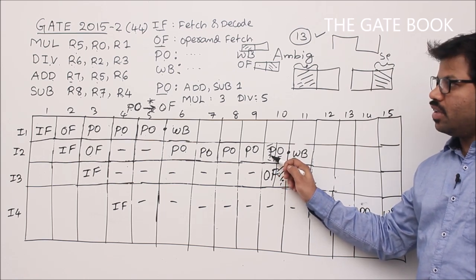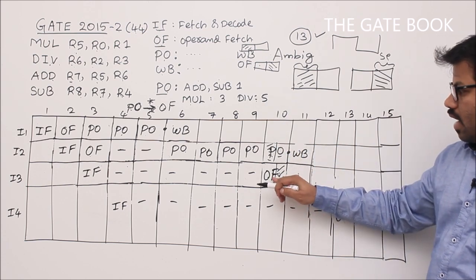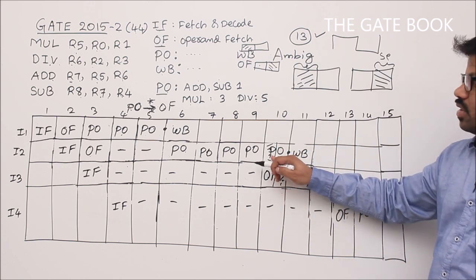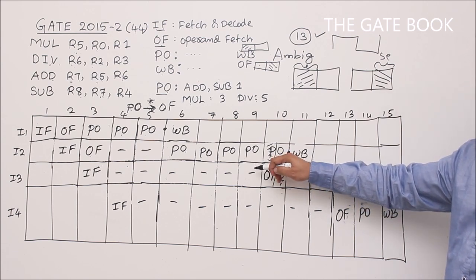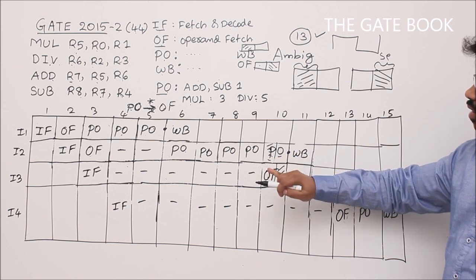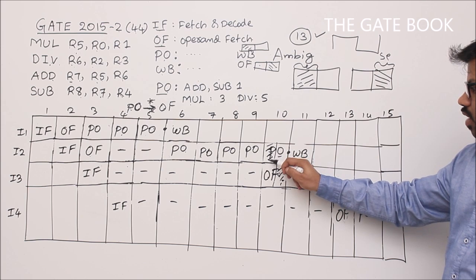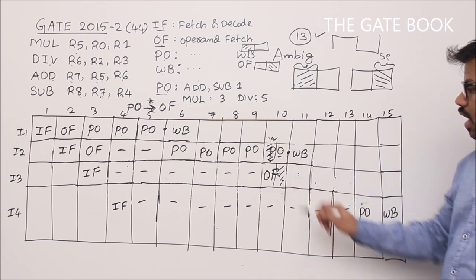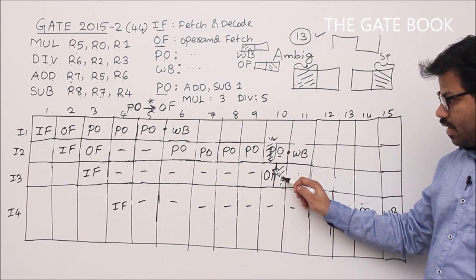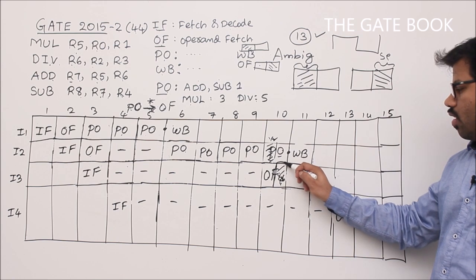In that way, first half data is updated. Which one? This one is the I3 instruction, right? Sorry, I2 instruction. And the I2 instruction is modifying R6, right? So R6 is getting updated in the 10th clock cycle, especially in the first half of the cycle. The operand fetch stage of I3 is reading R6 in the second half of the clock cycle.